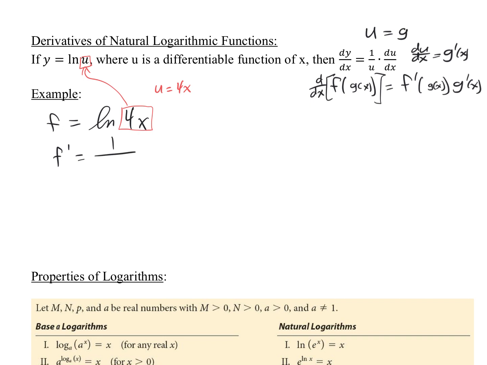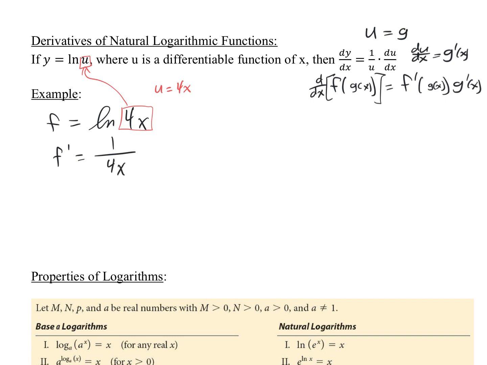But the idea is that it is the inside function. So when we start, we take the derivative of the outside function. So the derivative of a natural logarithm is always 1 over something. So what is that something? It's just 4x in this example.